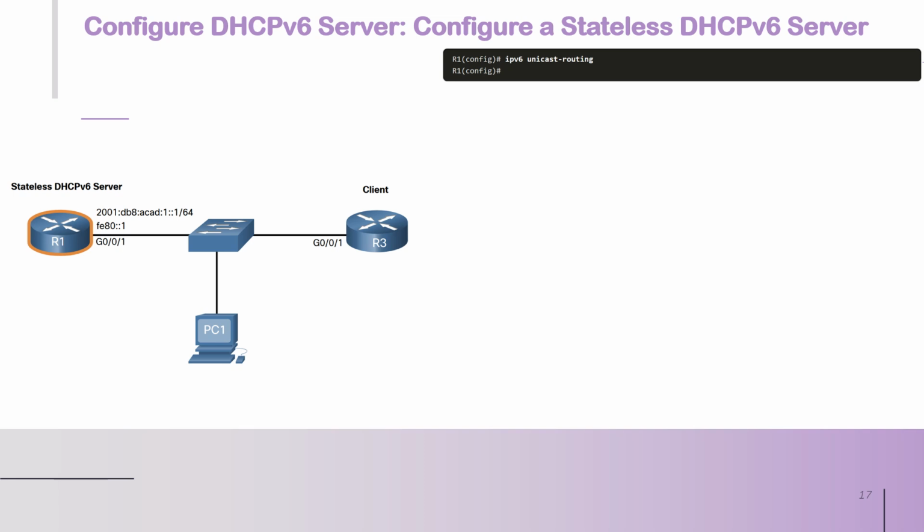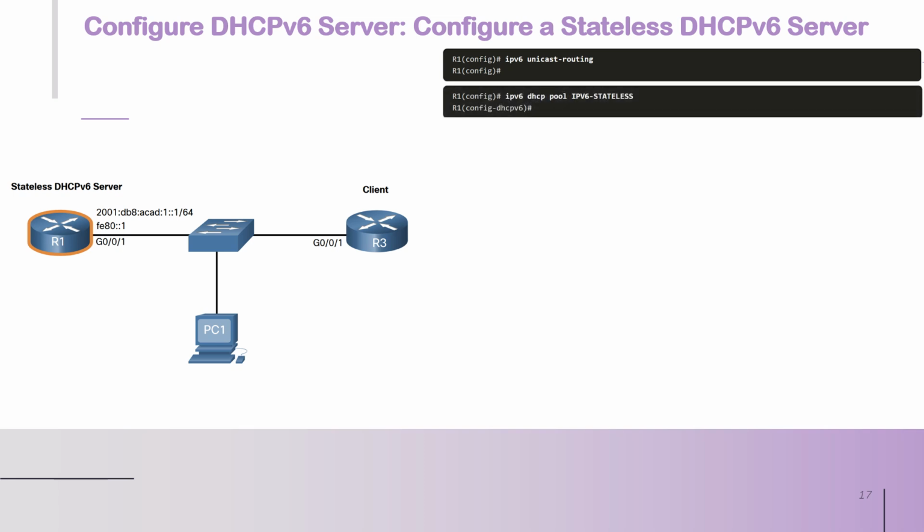Step 2 is to define a DHCP version 6 pool name. So you need to create the DHCP version 6 pool by using the command ipv6 dhcp pool followed by the name of the pool. This will enter DHCP pool sub-configuration mode.